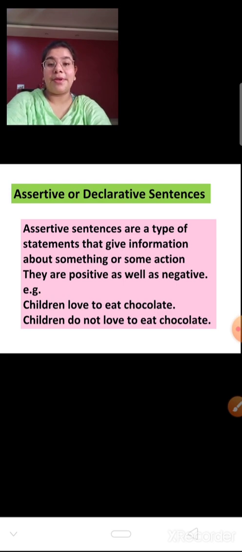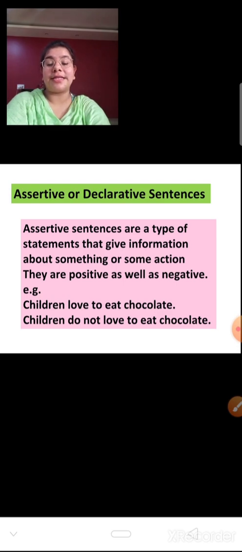Like for example, as it is given here, children love to eat chocolate. This is a positive sentence because this sentence is telling that almost every child loves to eat chocolates. And it can be negative also, like children do not love to eat chocolate.